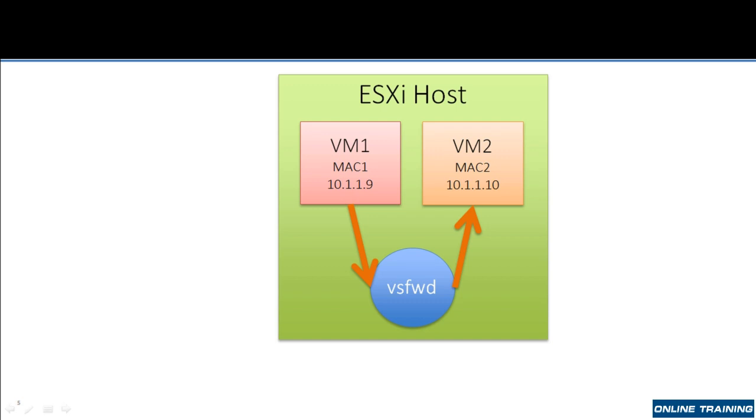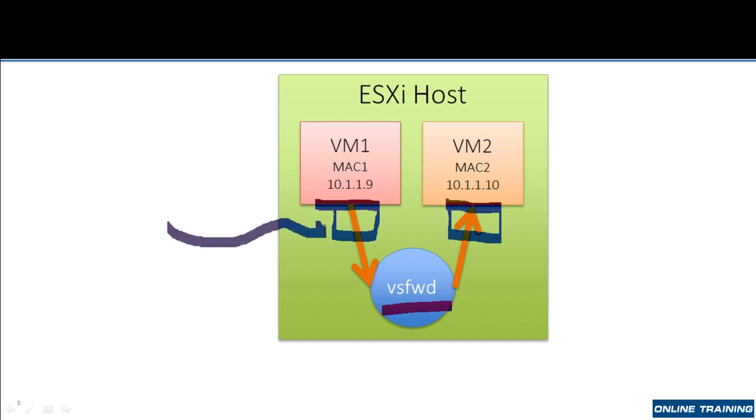I want you to think of the distributed firewall as essentially, I've got a little firewall here. I've got another little firewall instance here. This is run as a service in our ESXi host called the VSFWD. And what that means is I can have a specific policy for this virtual machine. Maybe this virtual machine is a database virtual machine. So I can have a set of rules for incoming and outgoing traffic for this VM.